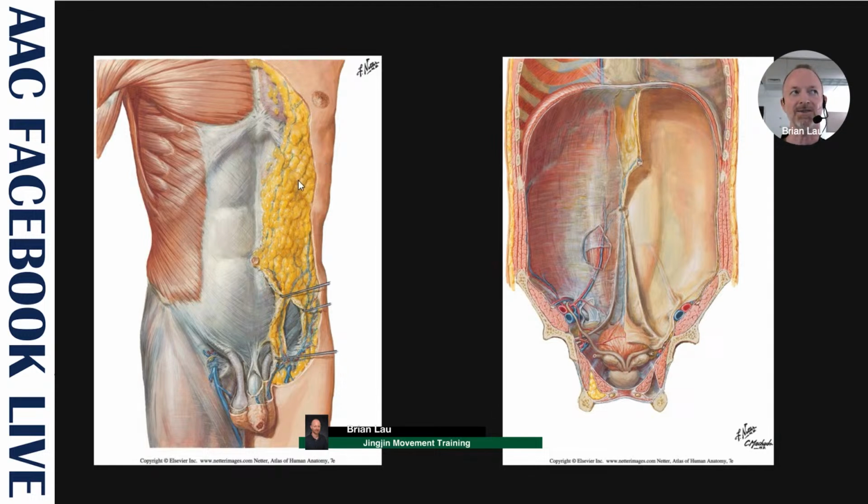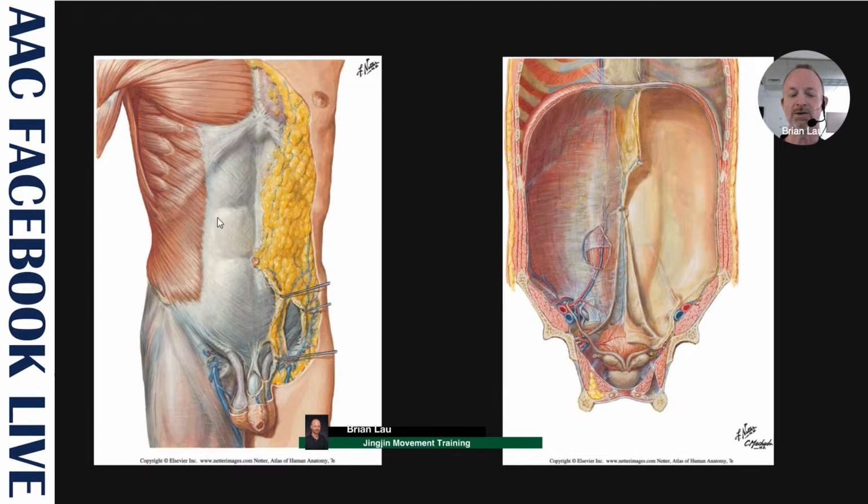We have some subcutaneous fat in this Netter illustration, but primarily that's been removed, and we're down to the level of the fascia above the rectus abdominis, the rectus sheath, and the external obliques. So we can see the rectus abdominis underneath this rectus sheath.